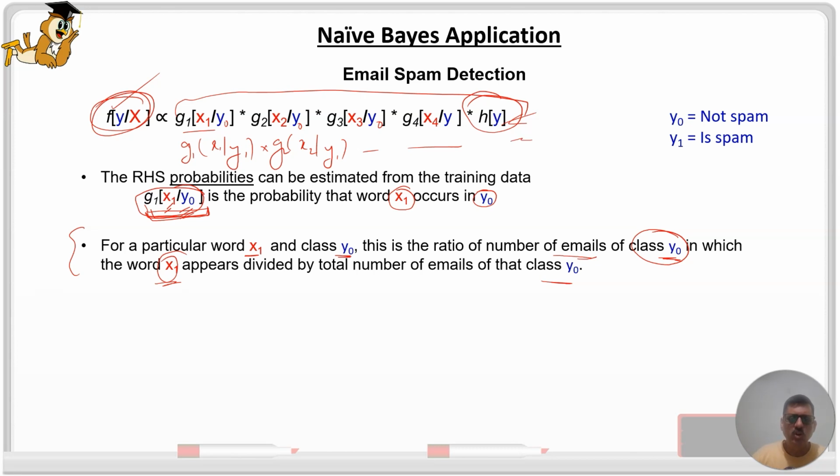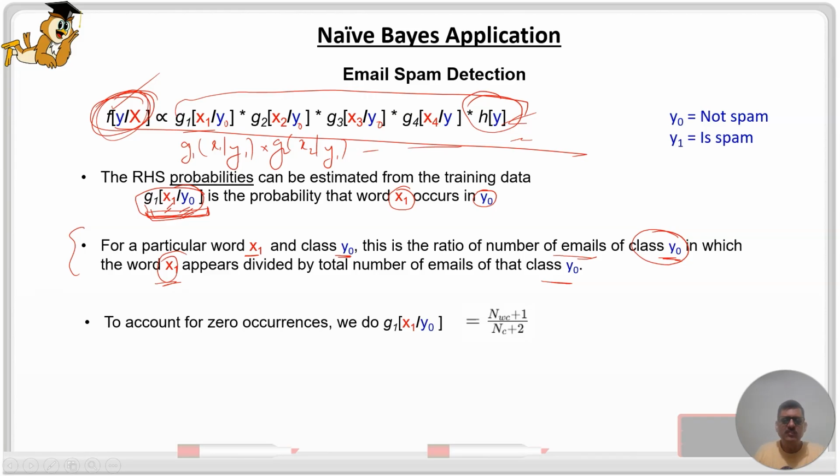So this is how you evaluate this right hand side and get the left hand side, and therefore find the highest f of y given x. So this is a simple example of a naive Bayes classifier used for email spam detection.